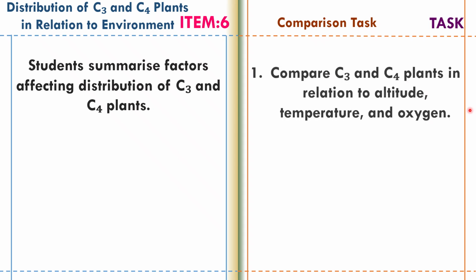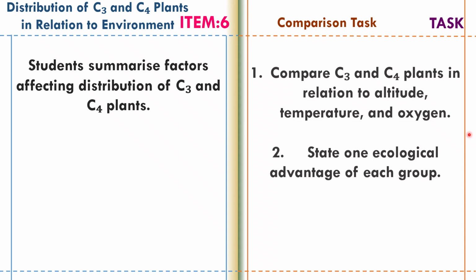Task: compare C3 and C4 plants in relation to altitude, temperature, and oxygen. State one ecological advantage of each group.